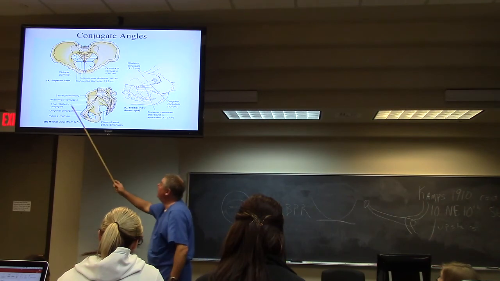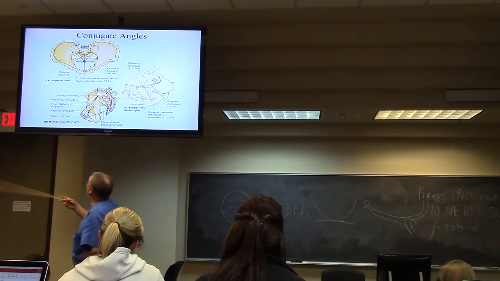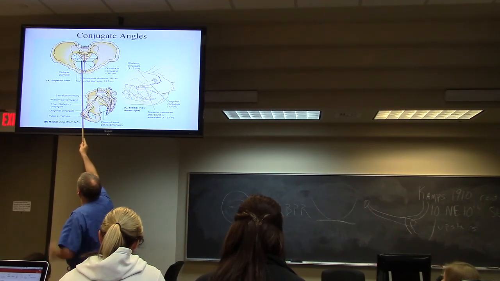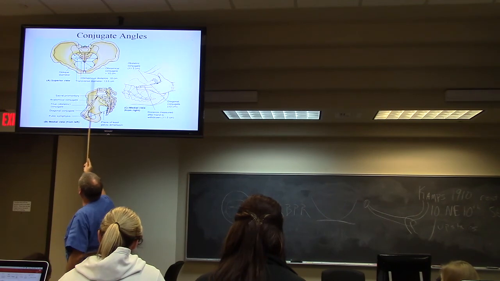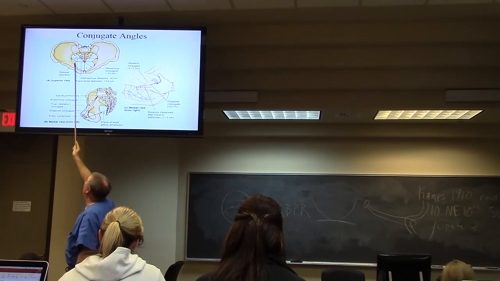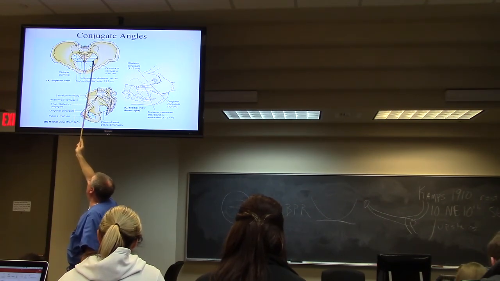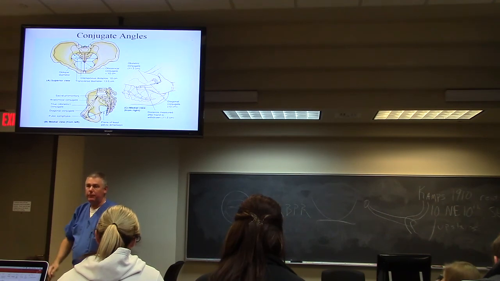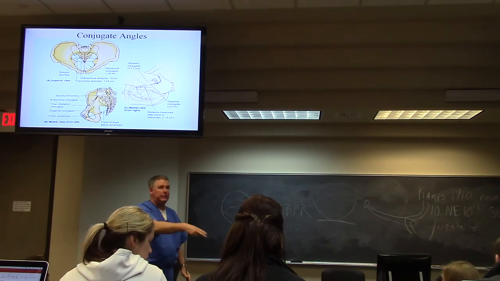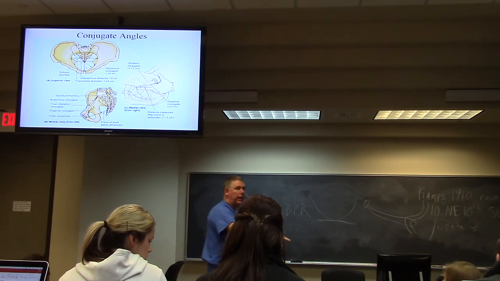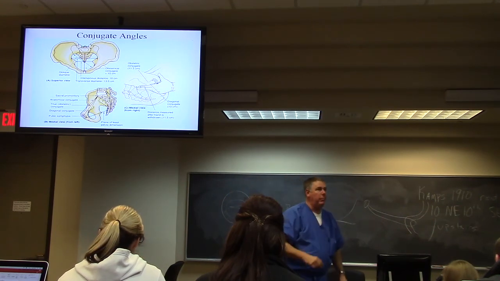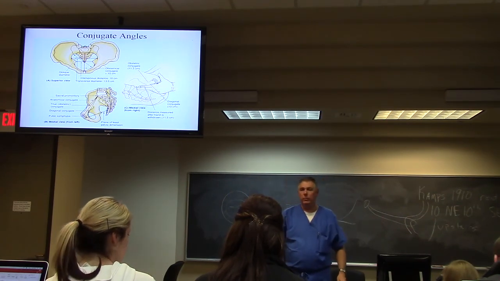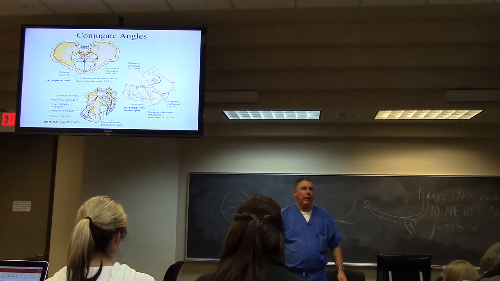The other thing is the width right here, called the interspinous distance, the narrowest part from side to side between the two spines. You have to make sure during a pelvic exam you feel those spines and get an impression, yes, this is great enough to allow a child to go through there.